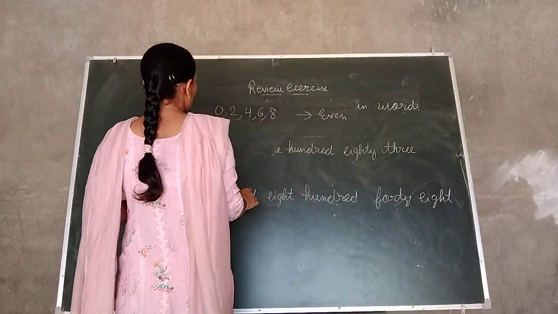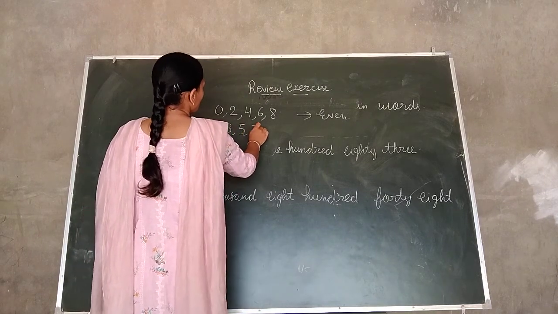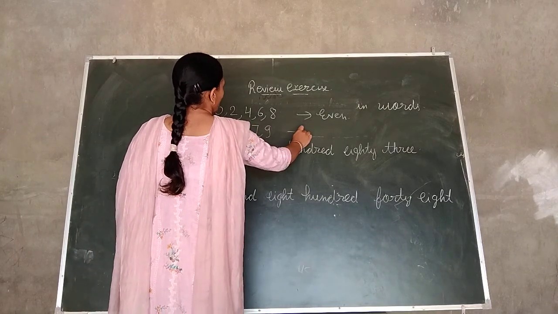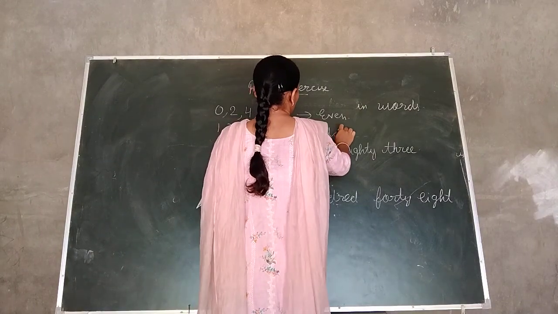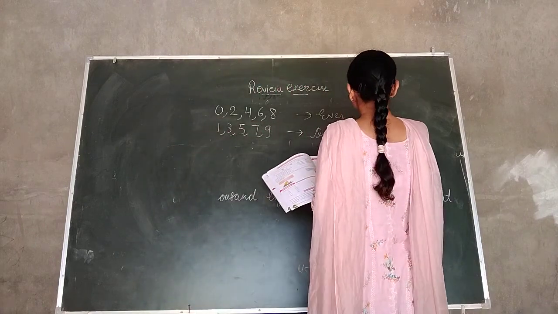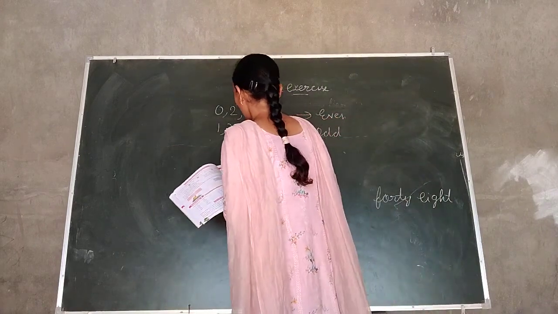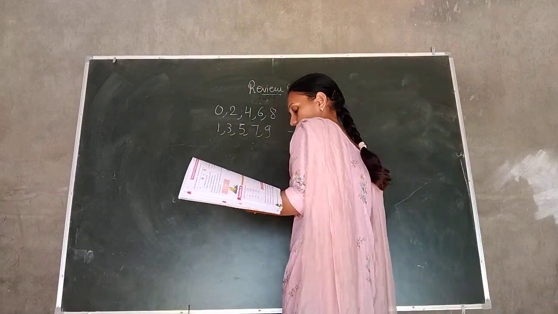And if in ones place we have 1, 3, 5, 7, 9, then the number is an odd number. Now we have to write whether the given number is an even number or an odd number.